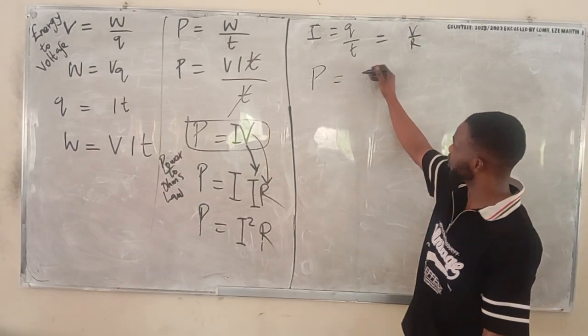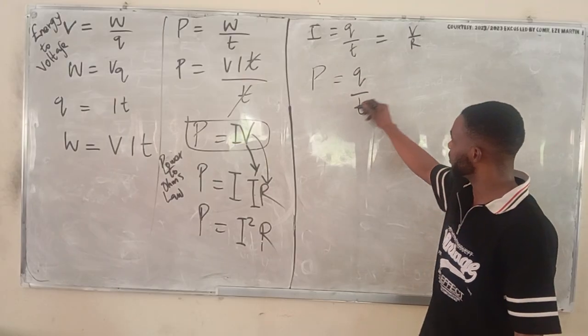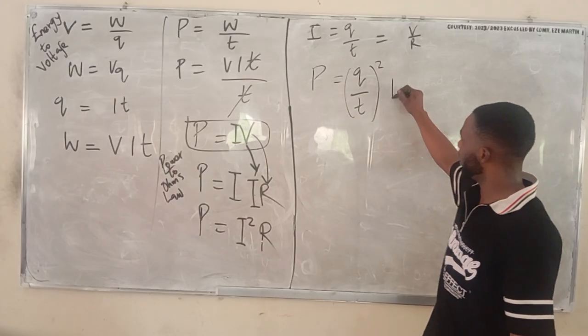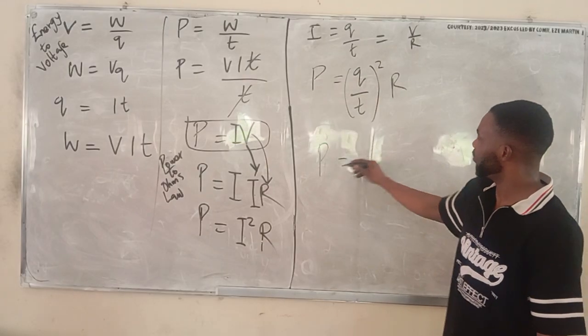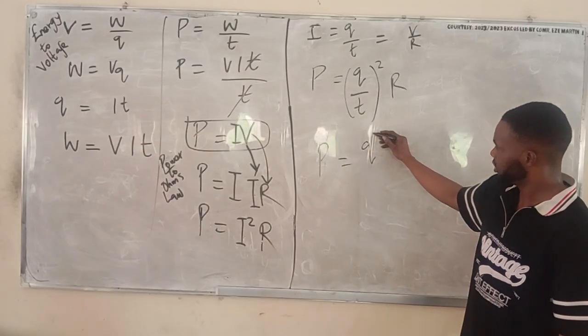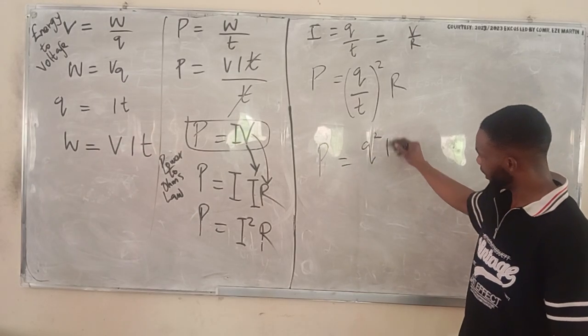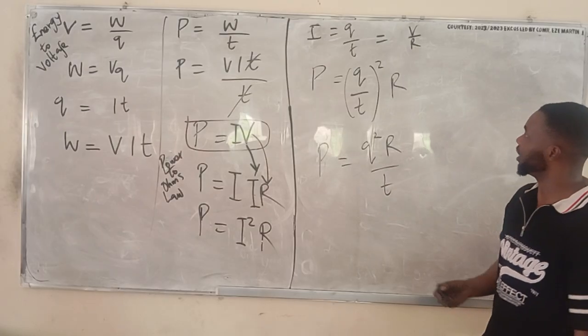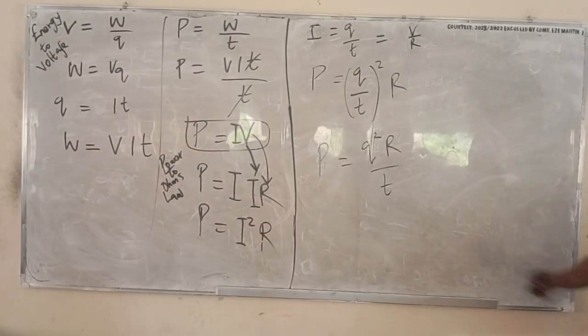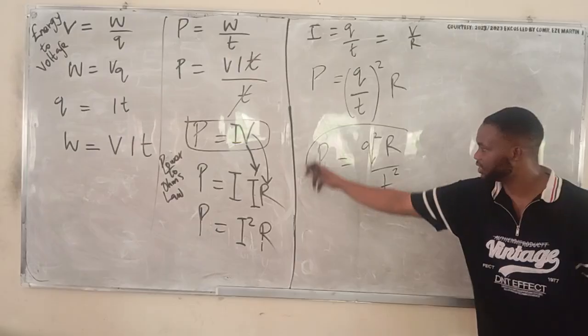So let's try the two. So I have Q over T all squared R. So P equals Q squared R over T squared. You think it's not valid, but it's valid.